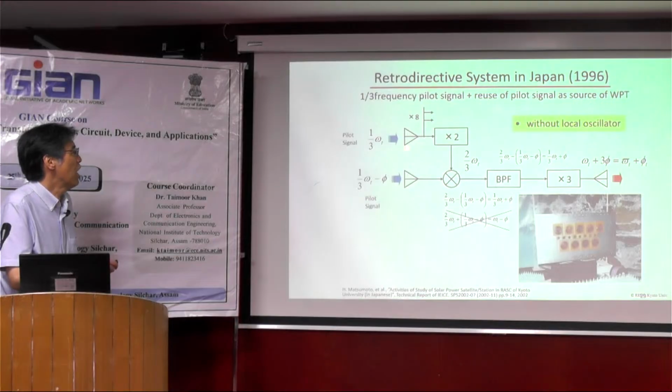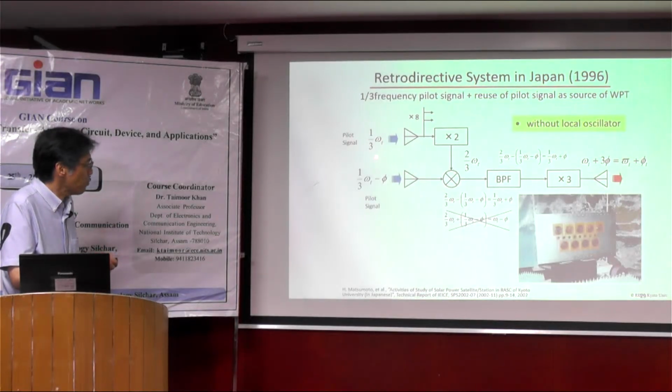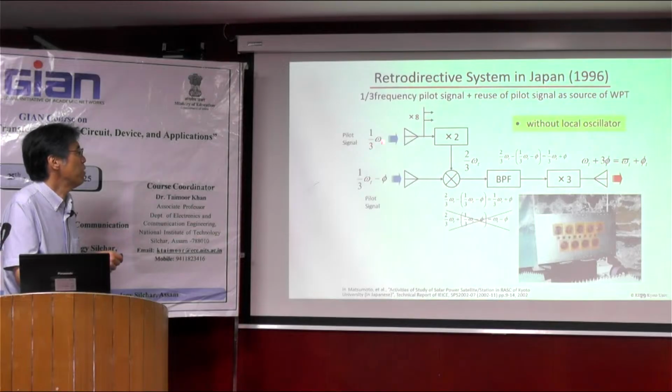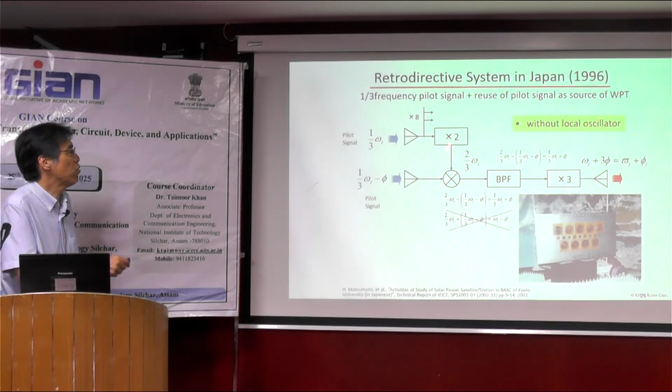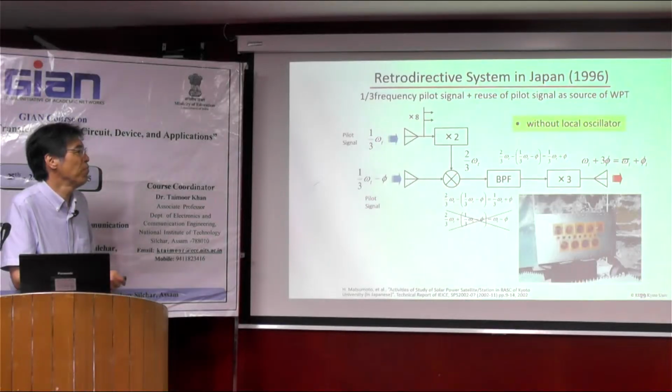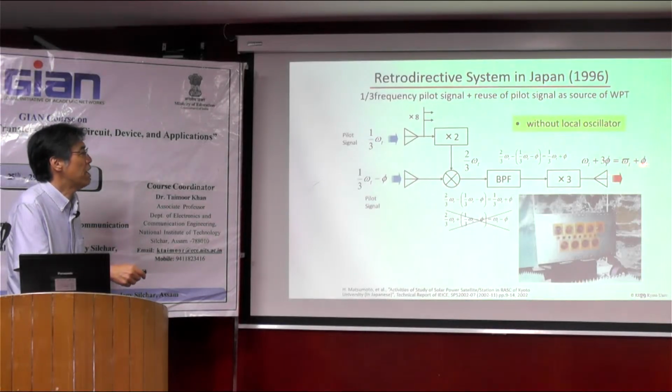In this case, I adopted the pilot signal at 1/3 frequency of the microwave power. And with a combination of these diagrams, we create the original frequency and phase conjugation.